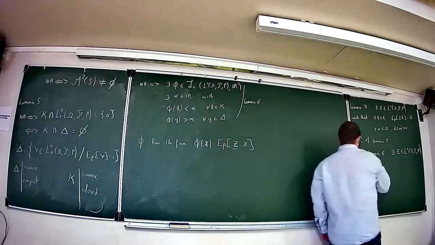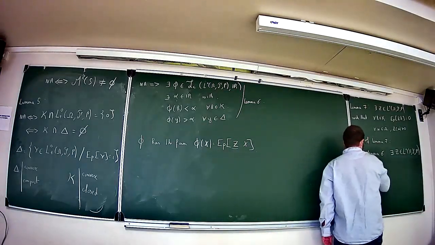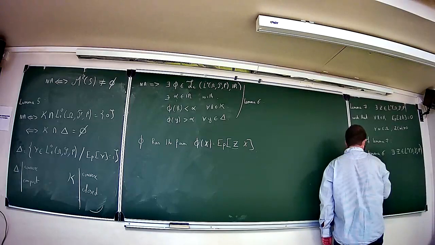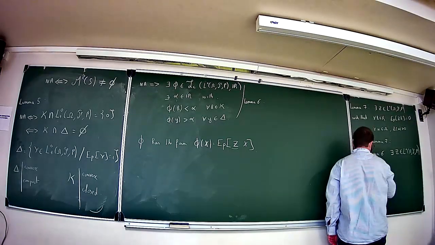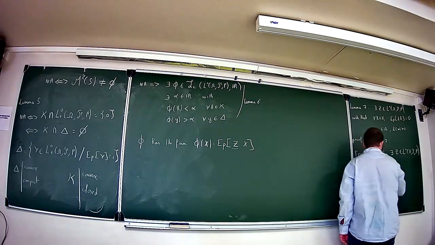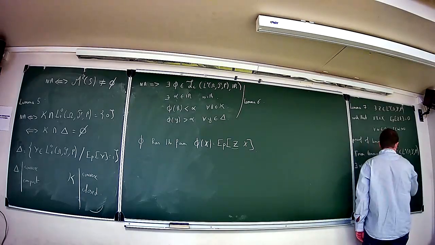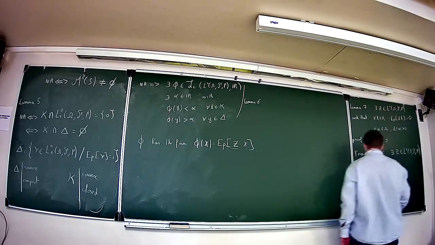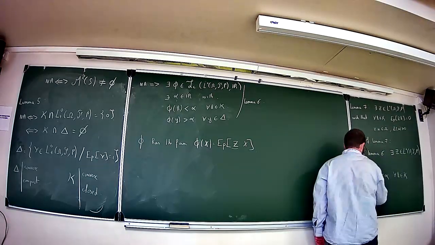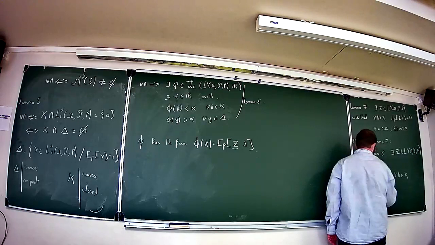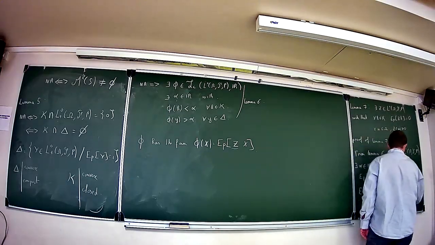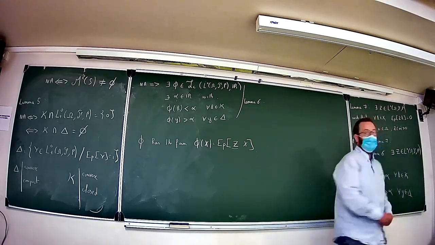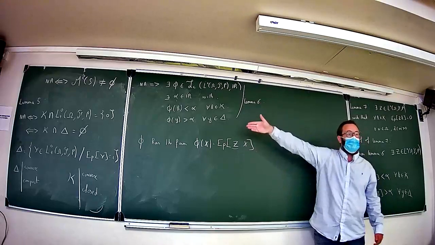There exists alpha belonging to R with the expectation under P of Zk strictly less than alpha for all k belonging to calligraphic K, and the expectation under P of Zy strictly greater than alpha for all y belonging to delta. And what I have copied here is just what I have written on this board.